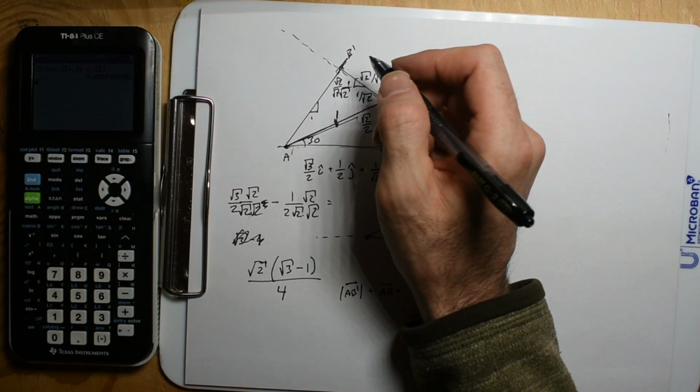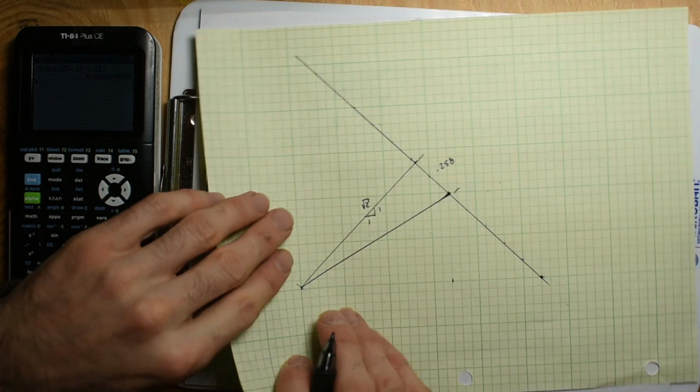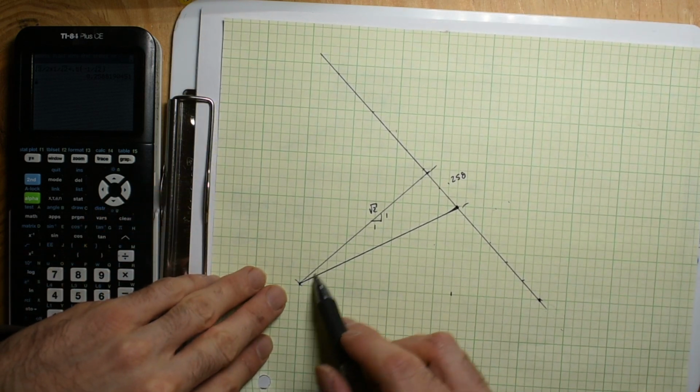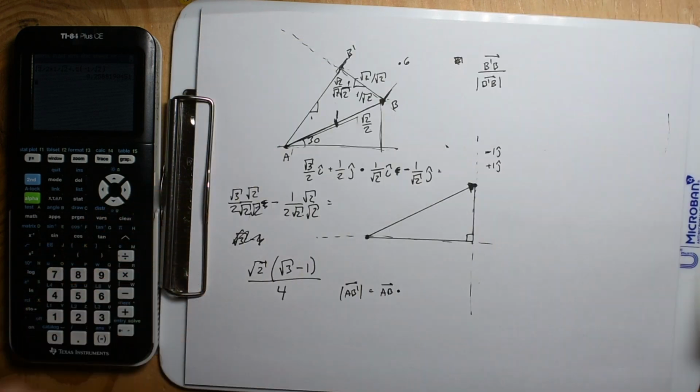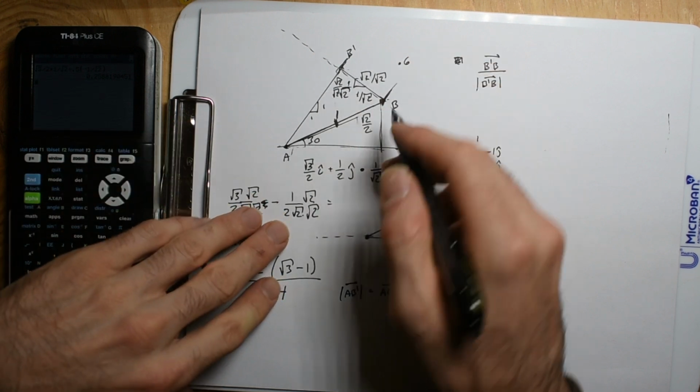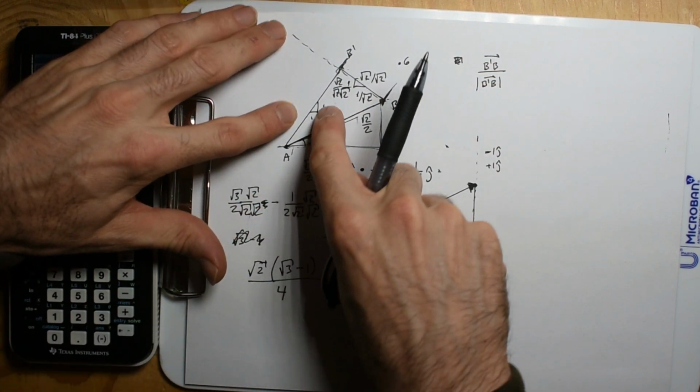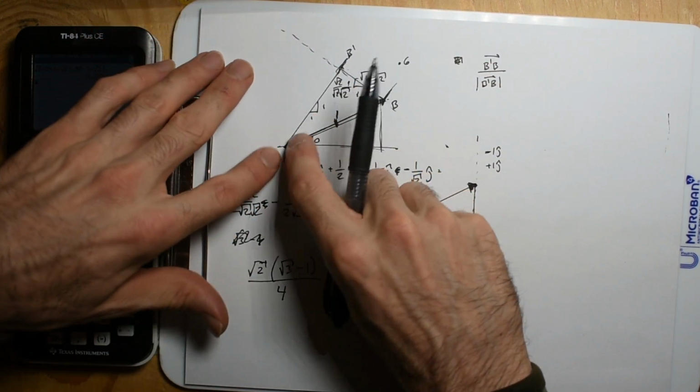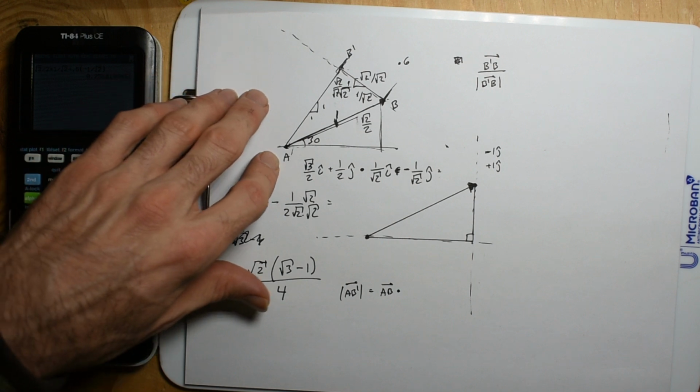We said this is going to be a 1, 1. From here I see that it is drawn wrong. This is a little bit steep, this is for sure steeper.